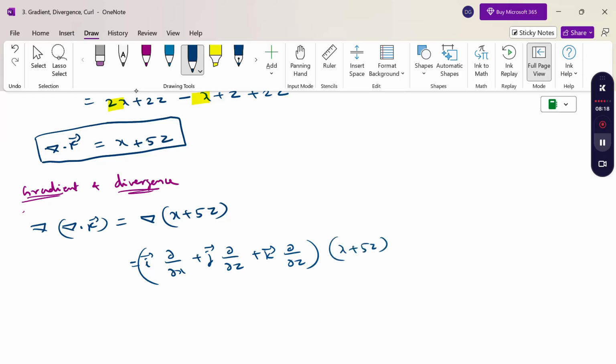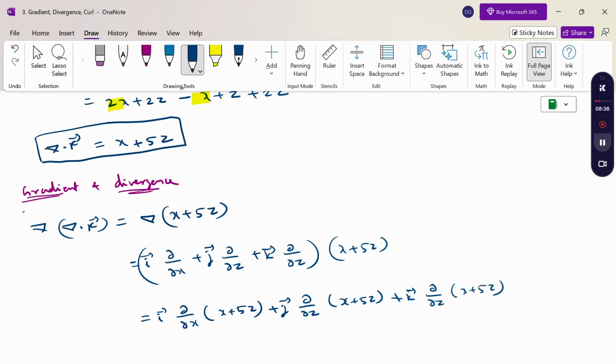Now multiply this term with each and every term: i vector dou by dou x of x plus 5z, plus j vector dou by dou y of x plus 5z, plus k vector dou by dou z of x plus 5z.